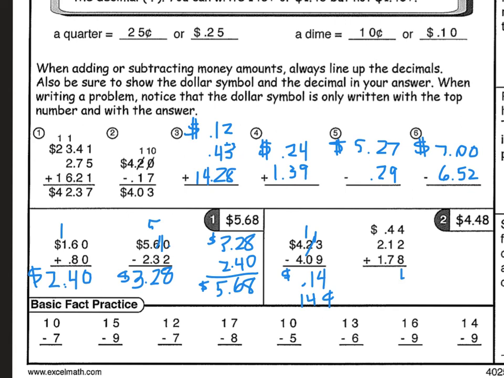Okay, 4 plus 2 is 6. 6 plus 8 is 14. Regroup with the 1. That's 5. 6. 7 plus 6 is 13. Regroup with the 1, and that's equal to 4. Decimal point, dollar sign. So we've got 4.43 over here. We got 14 cents. I'm going to put that as decimal point 14. I put 4.43 instead of 4.34.